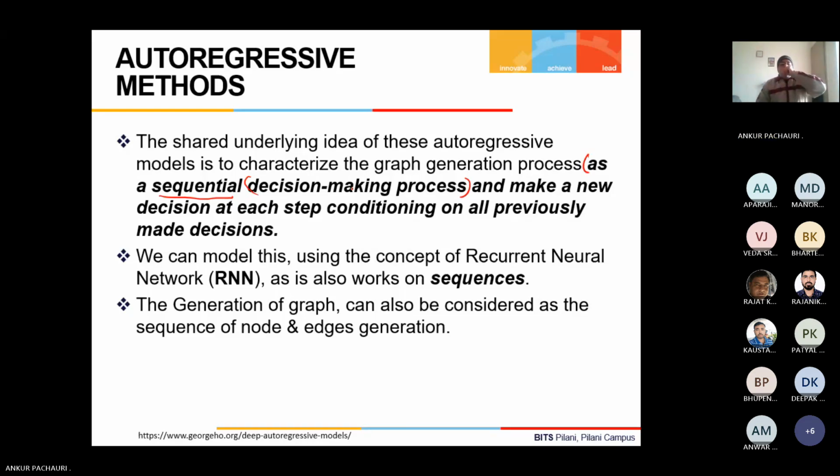Sequential means one node and its connectivity, and so on. So it is a sequential decision-making process, making a new decision at each step, conditioning on all previously made decisions.